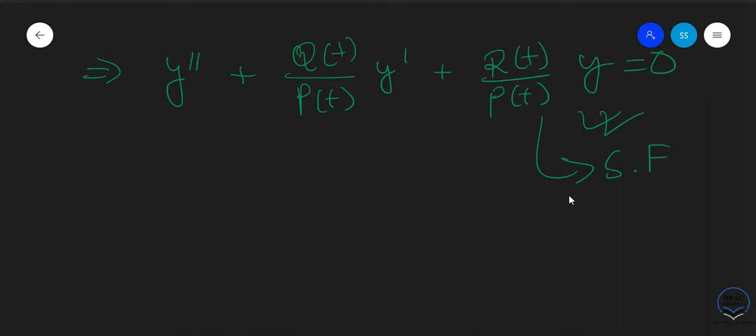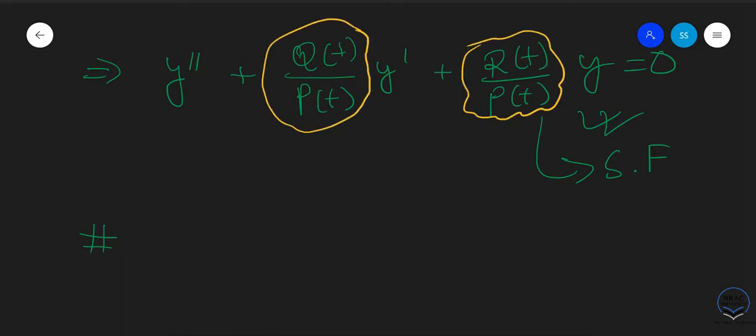Now, since this p of t is in the denominator, there comes the idea, and this is a prerequisite that will also be important. Since p of t is in the denominator, there might be points where p of t is not even defined, or there might be points where p of t is defined but the ratio q by p is not defined. But since you are only seeing a ratio over here, we actually care about the ratios themselves.